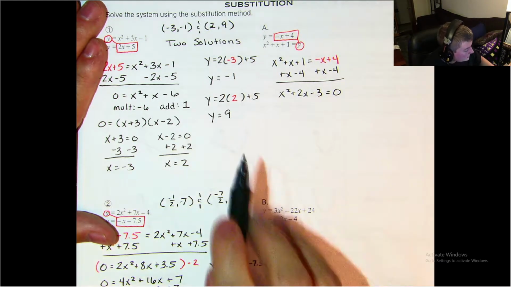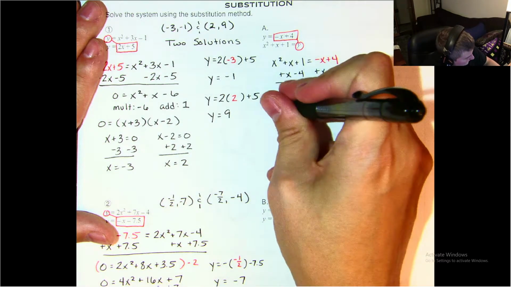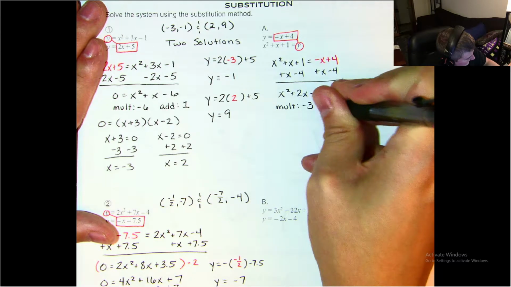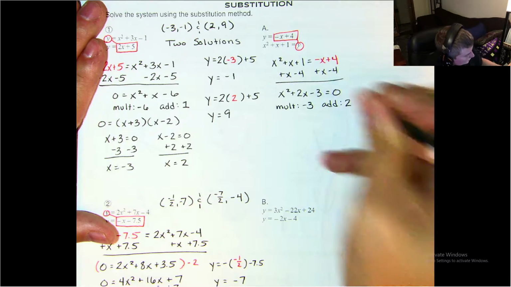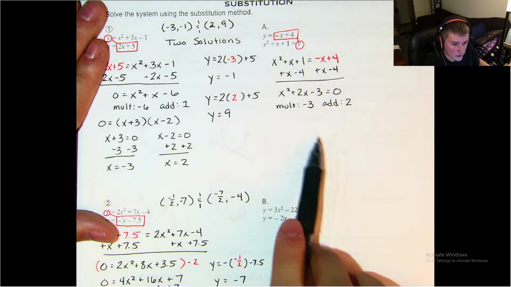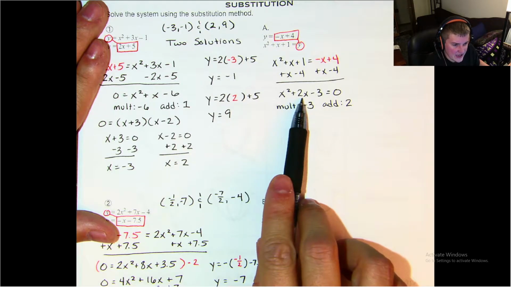I have 3 terms and my a value is 1, so I'm looking for numbers that multiply to negative 3 but add to 2. The only combination there is 3 and 1, so 3 has to be positive in order for me to add to a positive 2.